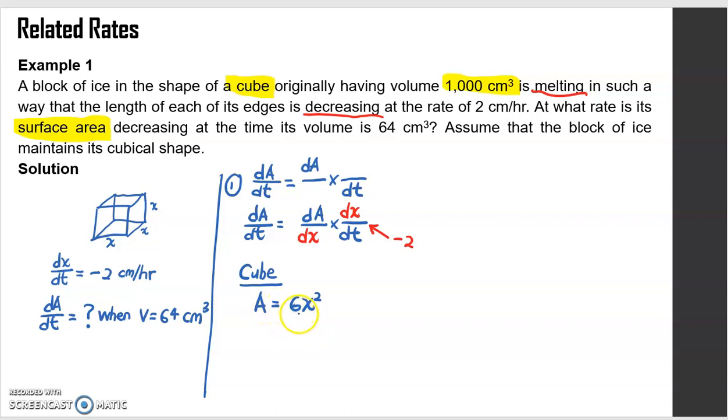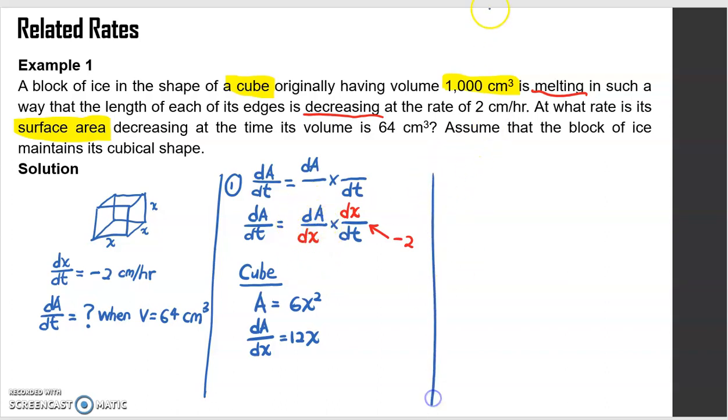Next, I differentiate dA over dx: differentiating A with respect to x gives 12x. Next I will substitute this into the related rate.